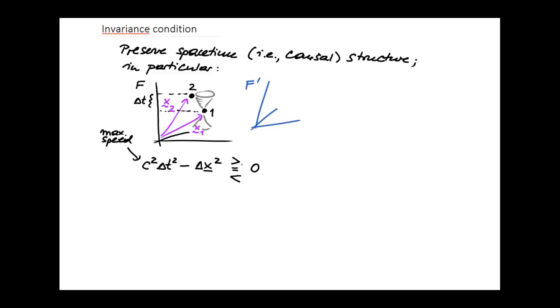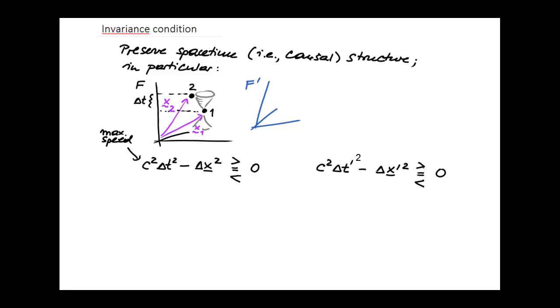For observer F prime, the criterion is the same, only that observer F prime, of course, observes a different time interval, delta t primed, and different spatial components, and therefore spatial distance, delta x primed with a straight underline. So observer F prime will say, well, these are causally related if this is larger than 0, they are unrelated if it's smaller than 0, and it's just on the boundary if it's equal to 0.